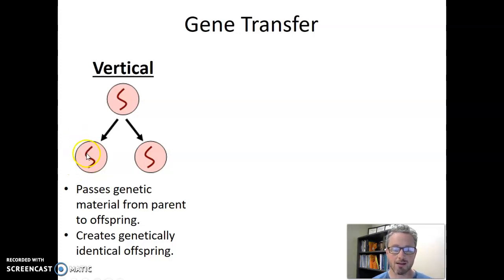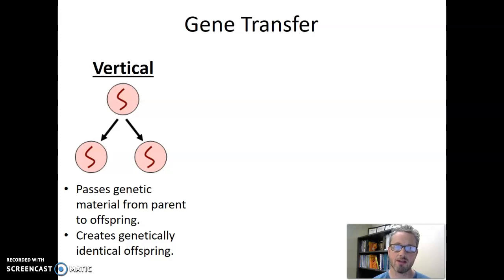So these two bacterial cells that are the result of vertical gene transfer from this parent cell have the exact same genetics as one another and as the parent. So while vertical gene transfer is very important, it's not very exciting in that it doesn't create new kinds of organisms.